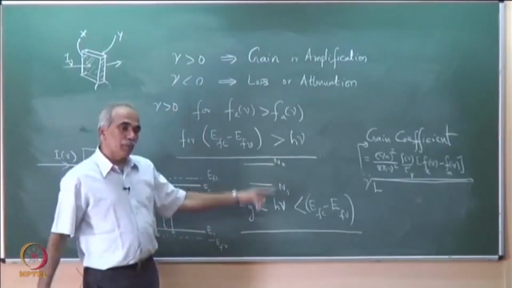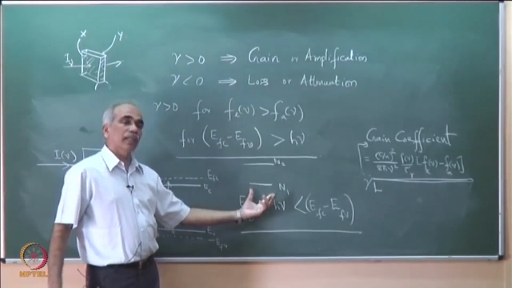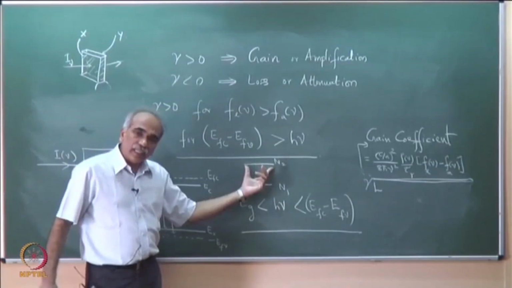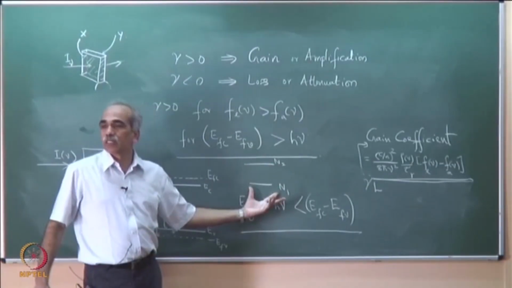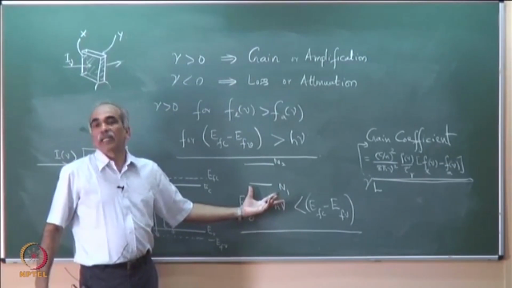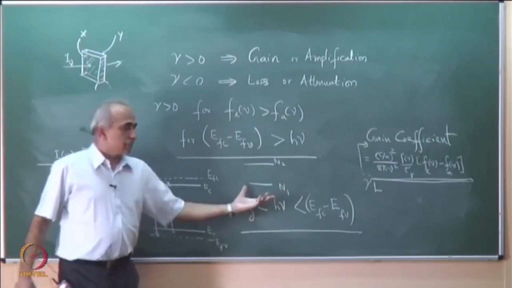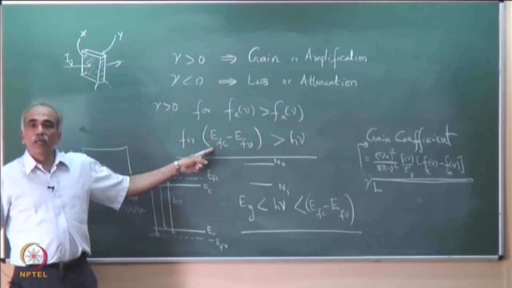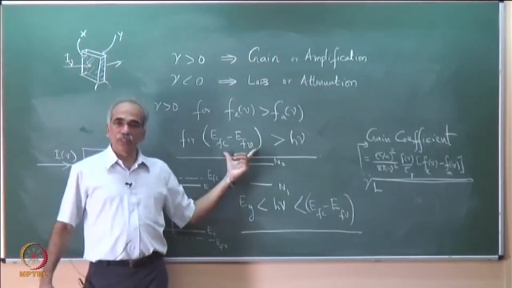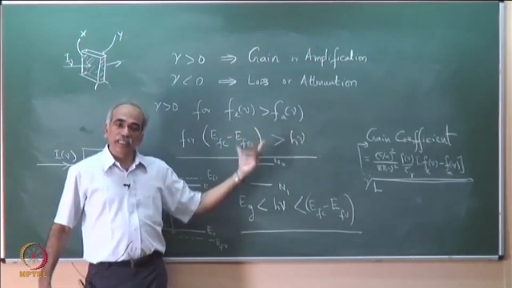So, a state of population inversion means n2 is greater than n1. This is the necessary condition for amplification by stimulated emission. And in the case of semiconductors, the necessary condition for amplification by stimulated emission is this one. So, there is an equivalent.